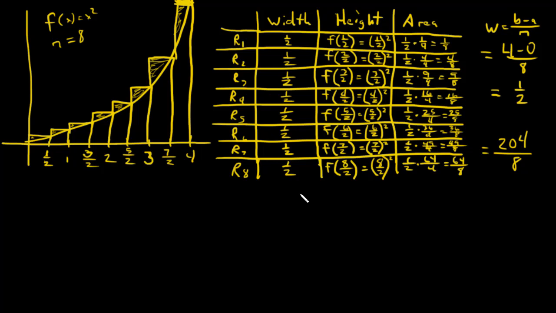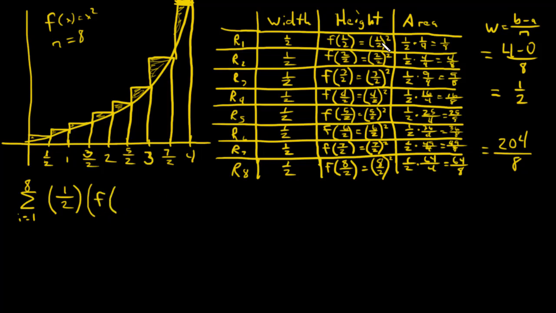Now, why on earth did I go through all this? Well, I went over this excruciating process so that I could come up with another sigma notation. So in this case, I'm going to do I from 1 to, now it's 8. And what do I put over here? Well, I've got my width, which is 1/2 times f of, what was I feeding in?